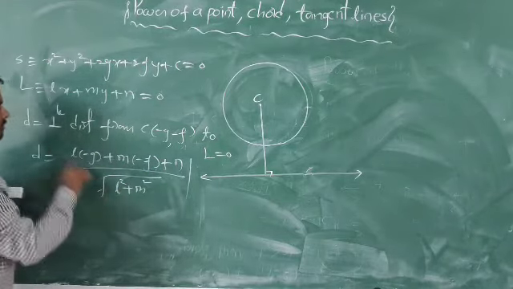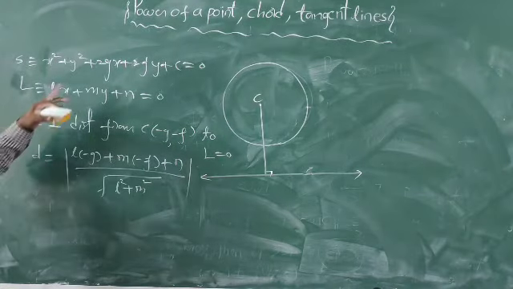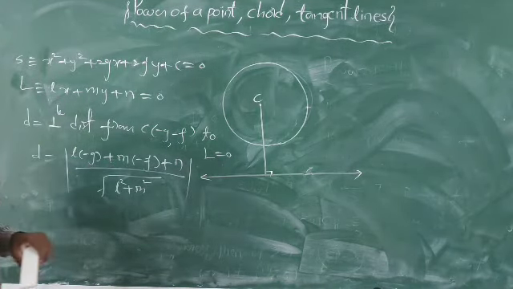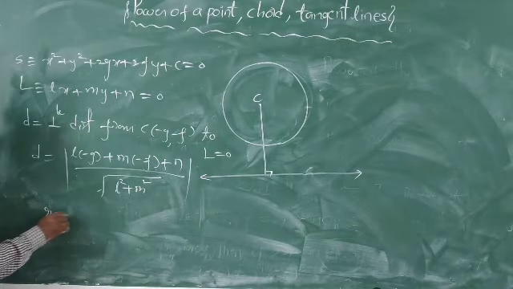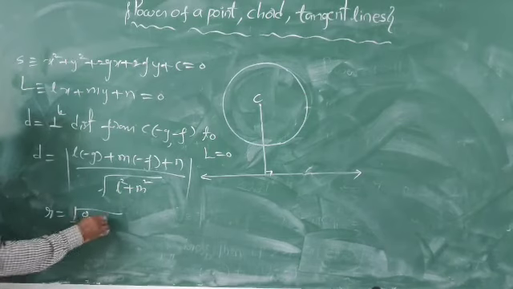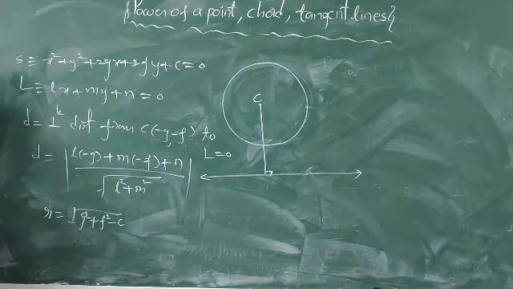It is the formula for the shortest distance from the center to the line. And our radius is r equal to square root of g square plus f square minus c.